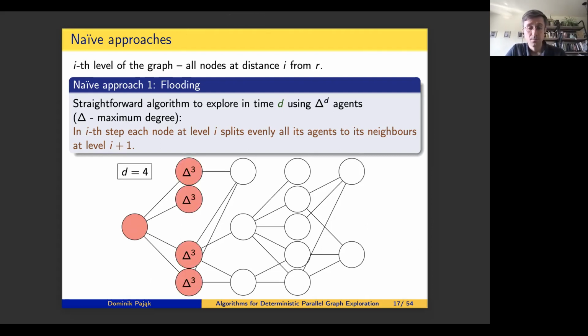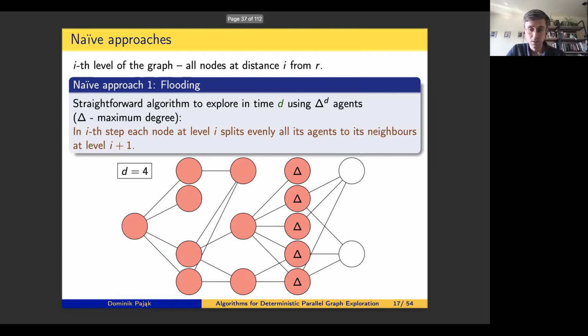After one step, I have at least delta to the power of 3 at every node at distance 1, at least delta squared after 2 steps, delta to the power 2 in every node at distance 2, and so on. And since the furthest node is at distance D, I can do it in time D exactly, but I need delta to the power of D agents.